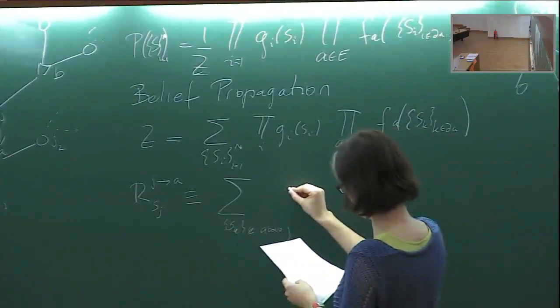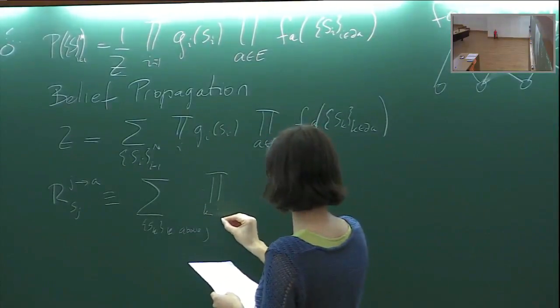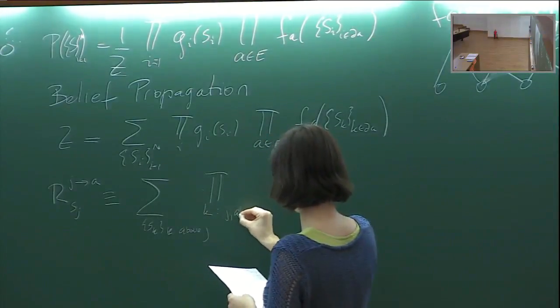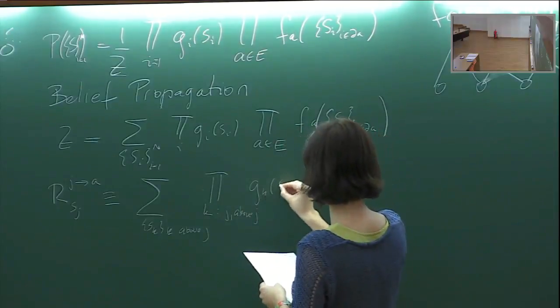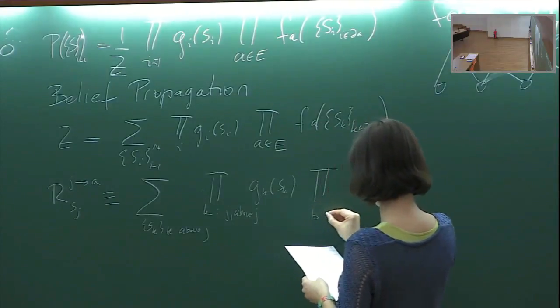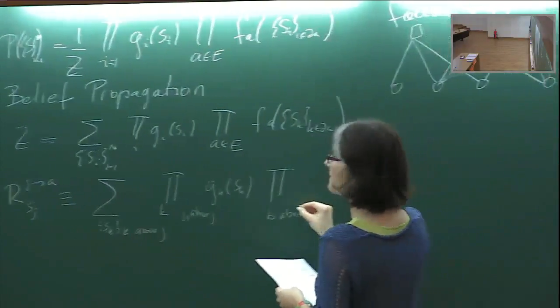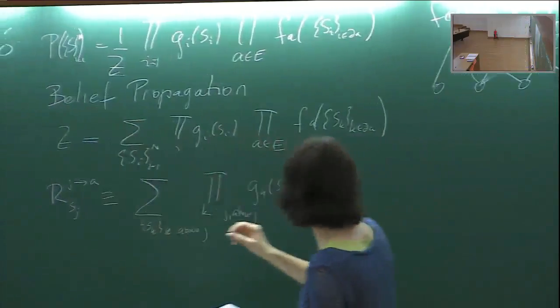And the same thing here. So product over k, and here k can be J and everything above J, of g_k(S_k), and also all b that are above J. So not only this b, but also this b, and also everybody that is above.